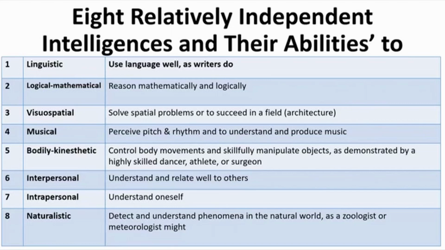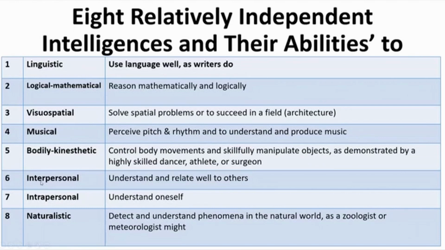Things like architecture. You can think in those 3 dimensions and reason in that 3-dimensional space. Music relates to pitch and rhythm, the ability to understand and produce music. Bodily kinesthetic intelligence relates to your control over body movements. So can you skillfully manipulate objects? Are you dexterous? So an athlete or a highly skilled dancer, a surgeon, those people would all have very high bodily kinesthetic intelligence.